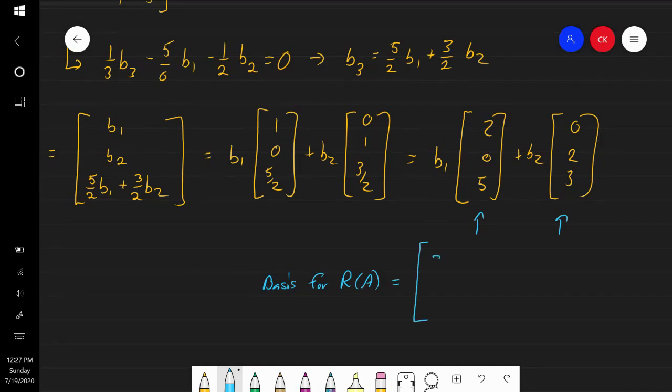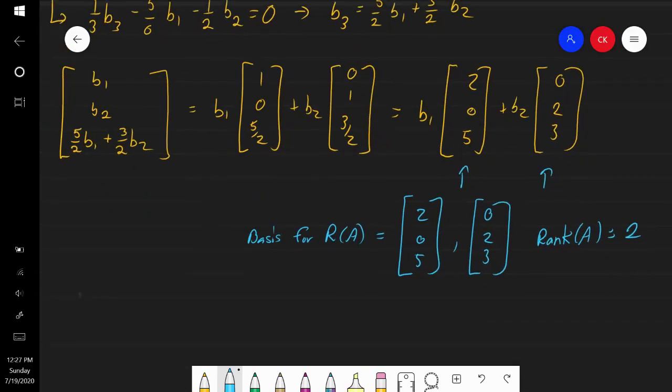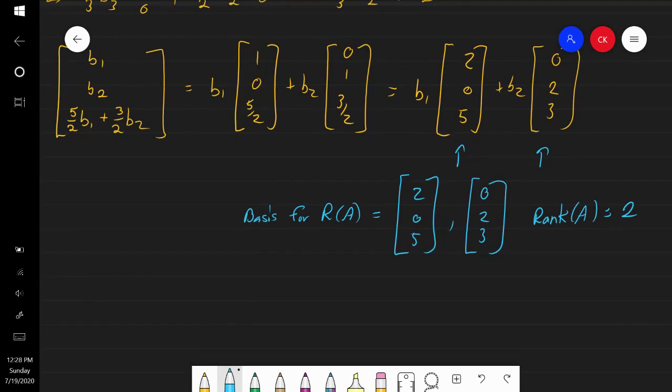And again, we get these two vectors, 2, 0, 5 and 0, 2, 3. And we can also see then the dimension of the range, or the rank, of A is going to be equal to 2. And you'll remember that we had the nullity was equal to 1, and as our result that we had earlier in the lesson, we know that then the nullity of A plus the rank of A is supposed to be equal to n.